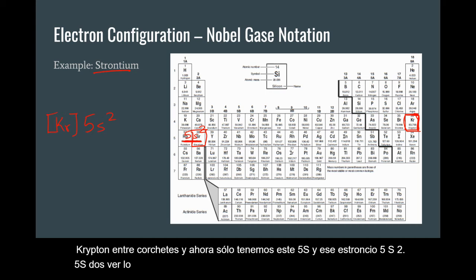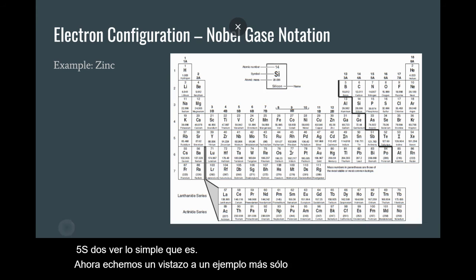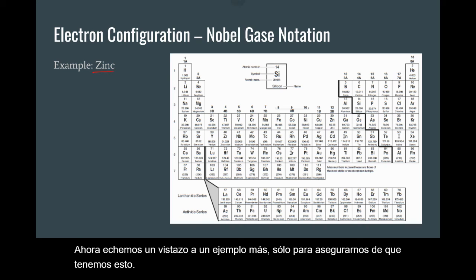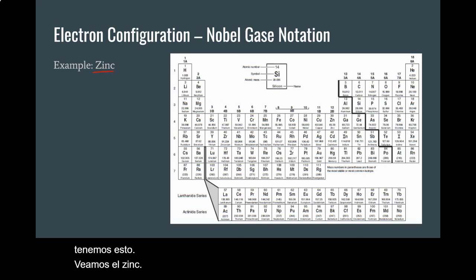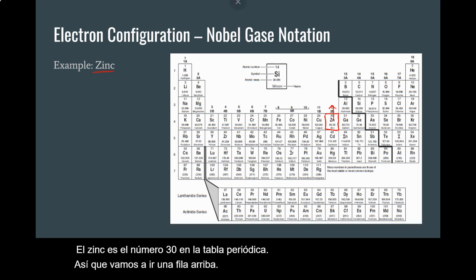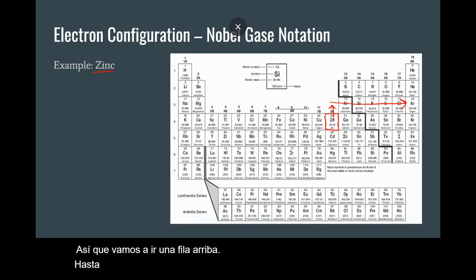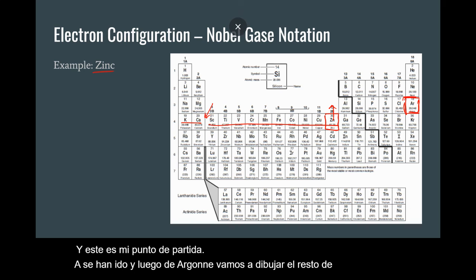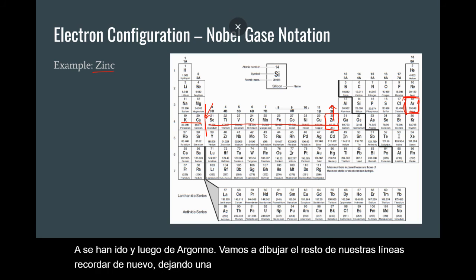Now, let's take a look at one more example just to make sure we got this. Let's look at zinc. Zinc is number 30 on the periodic table. So we're going to go one row up all the way to the end, and this is my starting point. Ar, argon. And then from argon, we're going to draw the rest of our lines. Remember again, leaving a line here because this is the end of my S block.